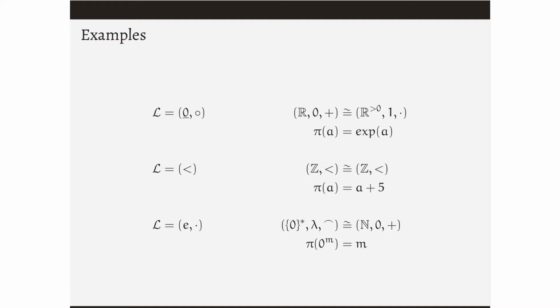Here are three examples of isomorphic structures. Let's start with the language here. This would be a constant symbol, and then we have a binary function.